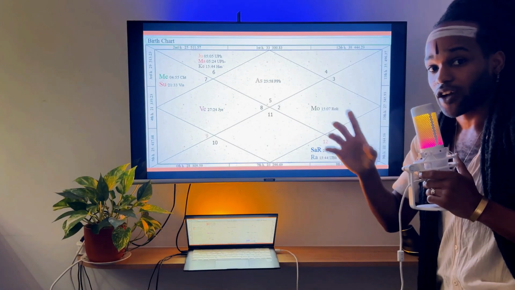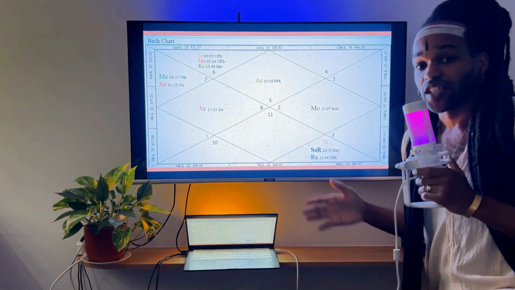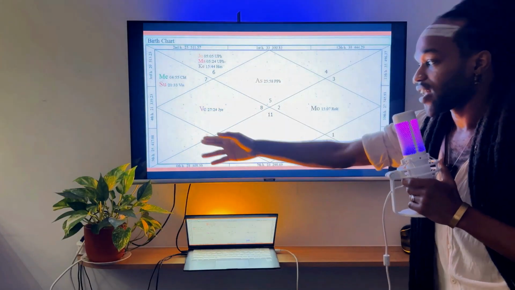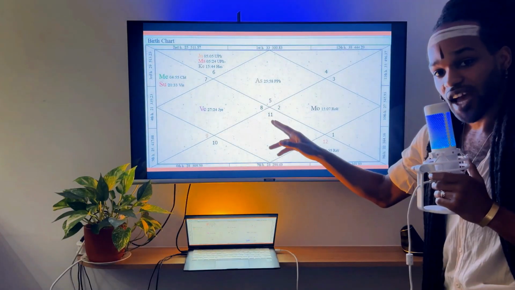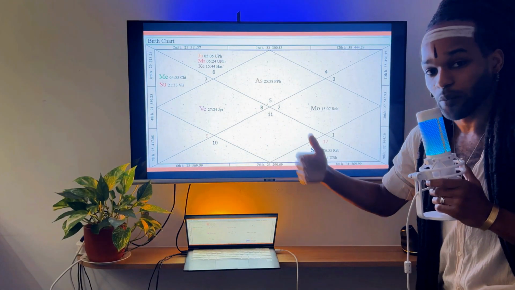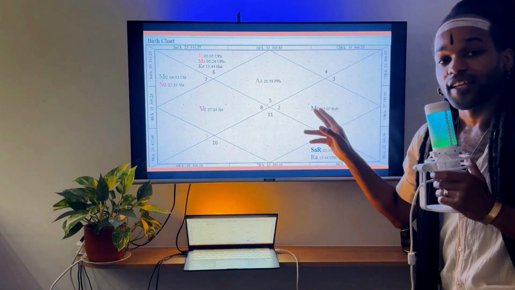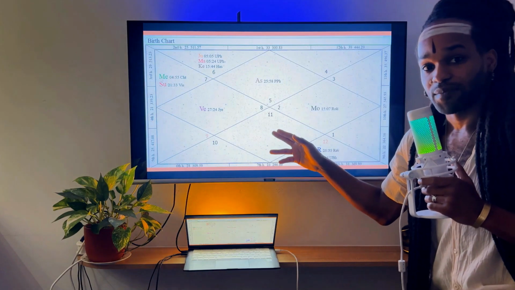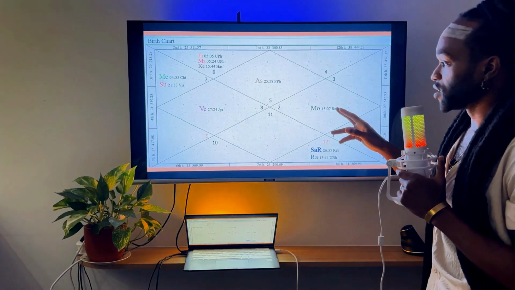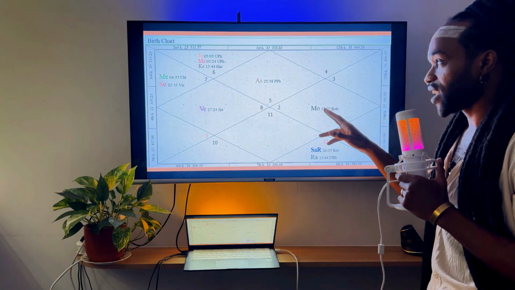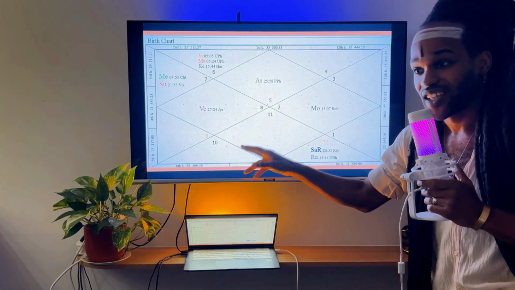The reason why I call these themes is that in every single house, you have different themes occurring. People believe that if you have no planets in specific houses, that means the house is empty. The house is not empty. Not only does it have a zodiac sign, because there are 12 zodiac signs, the same way there are 12 houses. People believe that if there is no planet, meaning graha, in a specific house, that house has nothing going on. That's not true. They also believe that if a planet is in a specific zodiac sign, any other zodiac sign that doesn't have a planet in it means you don't have that zodiac sign.